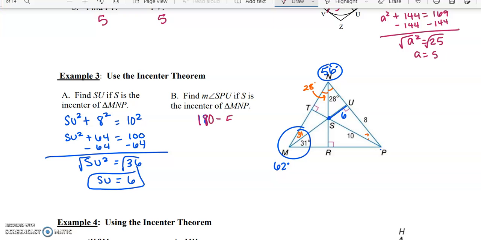So minus 56 minus 62, and that leaves the angle P as being 62 degrees. But we just want this part, which is half, right? Because we're bisecting. And so we are going to take 62 and cut it in half. So SPU is actually just going to be 31 degrees.